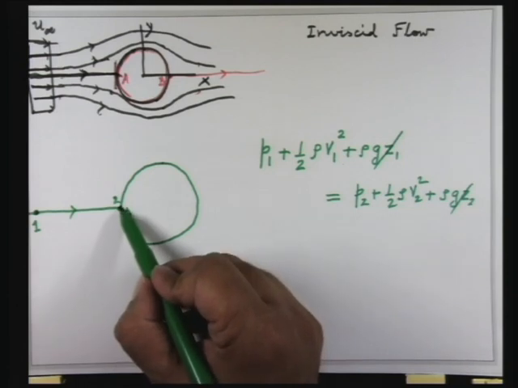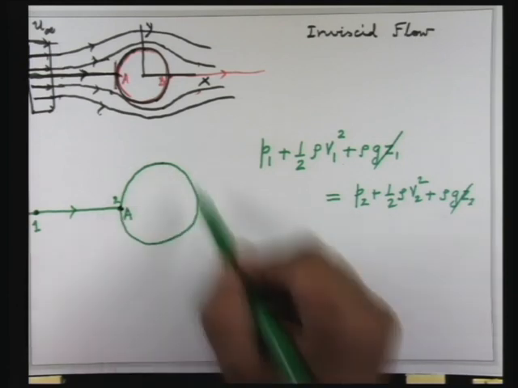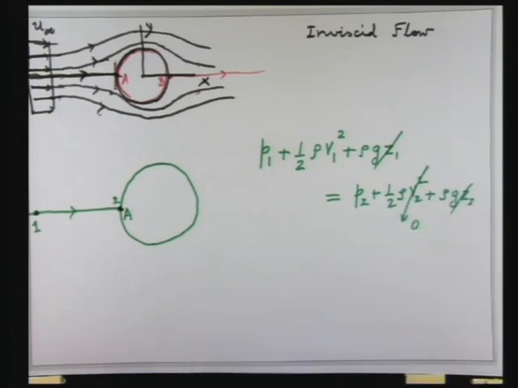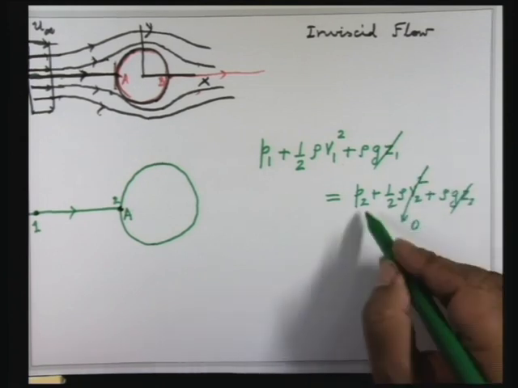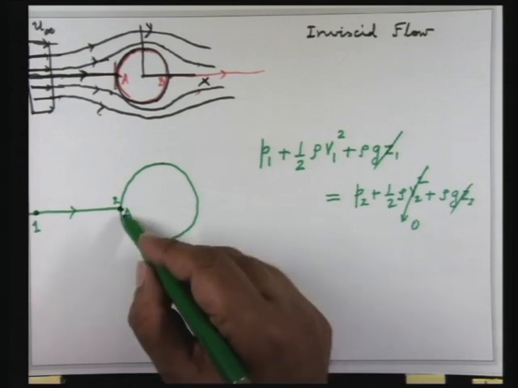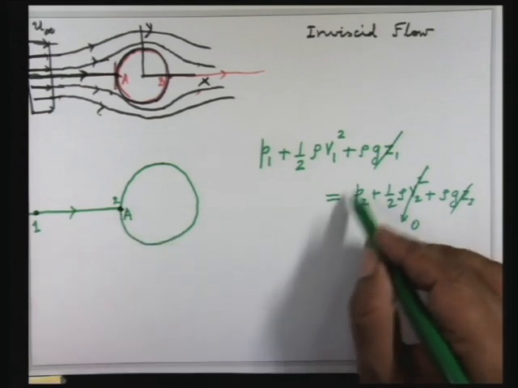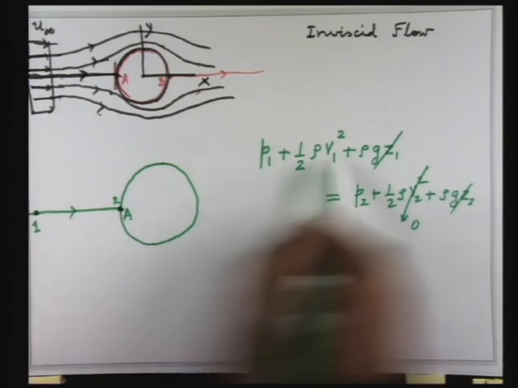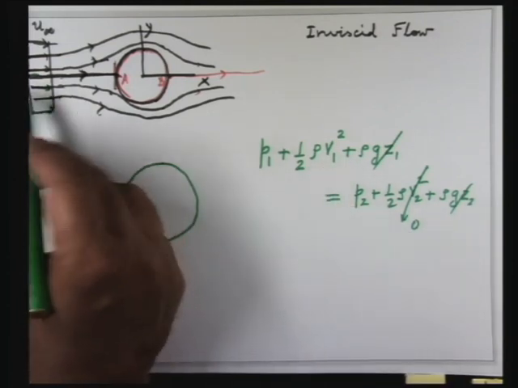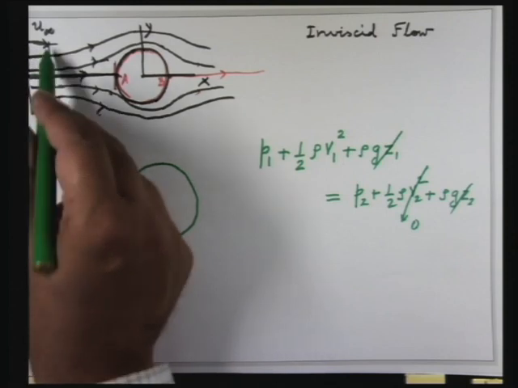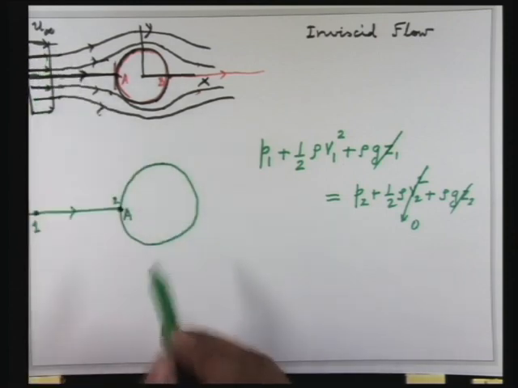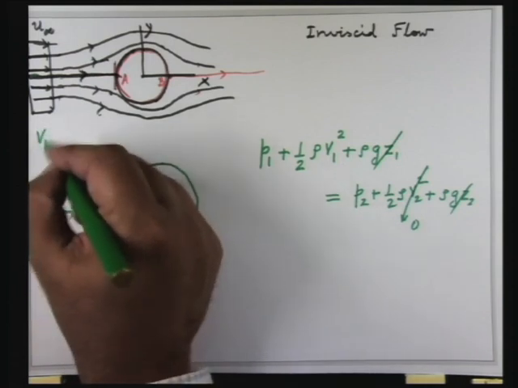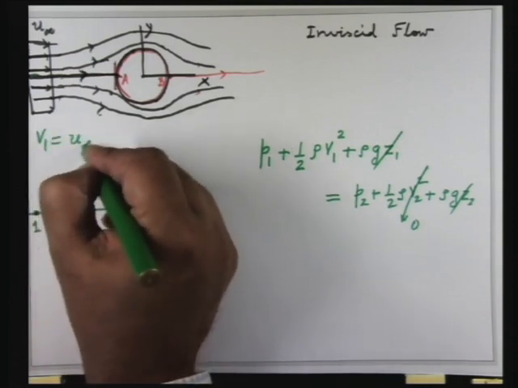At this point 2, the two streamlines are intersecting, so therefore the velocity here has to be 0. So this P2 or PA, whatever I called it earlier, this is your stagnation pressure. Now what is V1? V1 is a point which is far upstream, and there you are given that the velocity field has a uniform flow approaching in the x direction. So your V1 is nothing but u infinity.